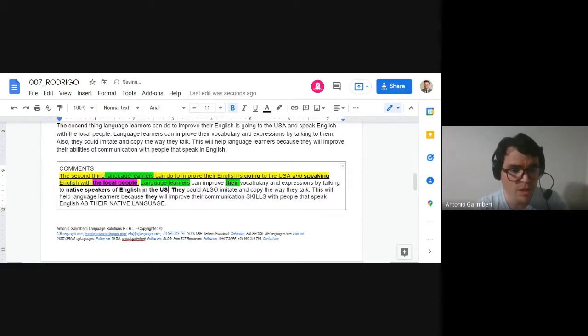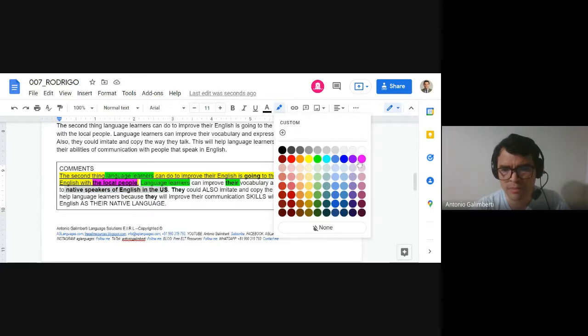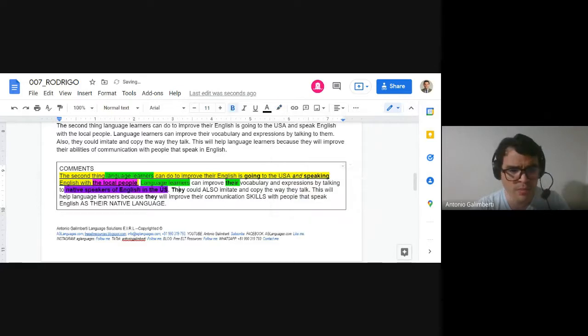You see? So now it is clear that all of this is not green. It's purple. Yes, I will change it to another color. Maybe light blue. Yes, and I will put it here in light blue.